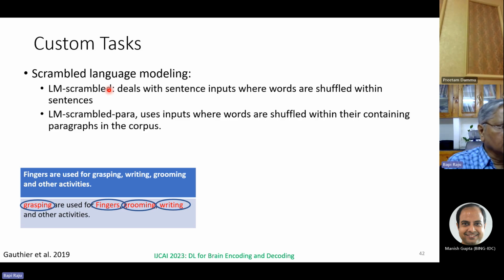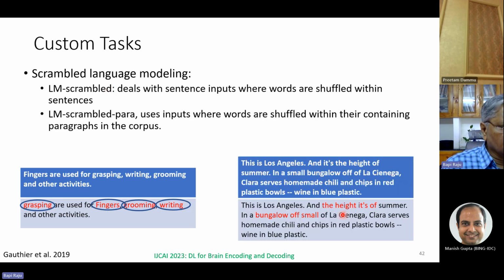The other is a scrambled paragraph, where the words are scrambled within a paragraph, not within a sentence, but across the sentences within a paragraph. Right. And this is called language model with scrambled para, and there is a baseline model which is random sort of scrambling.